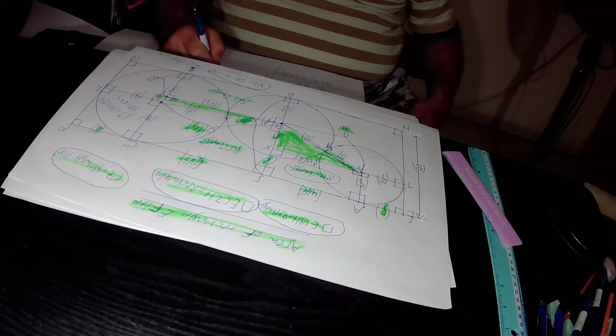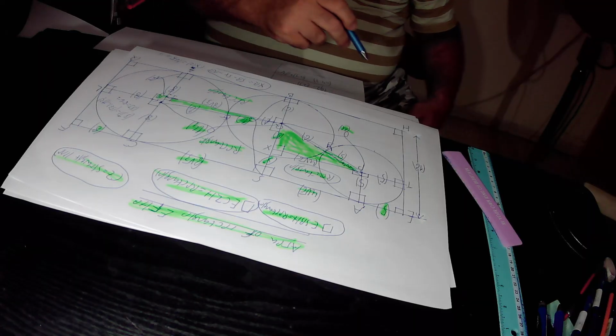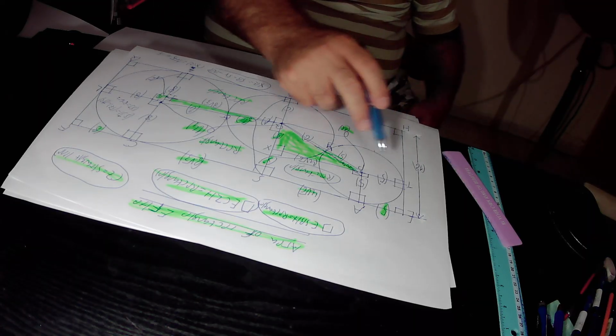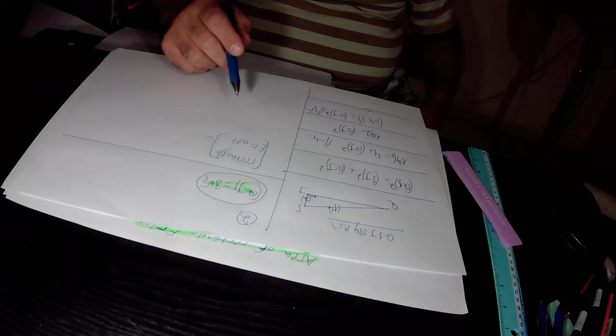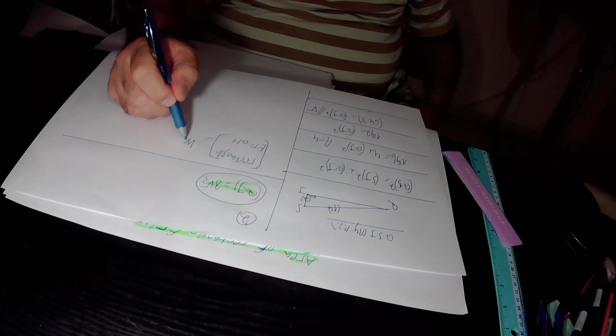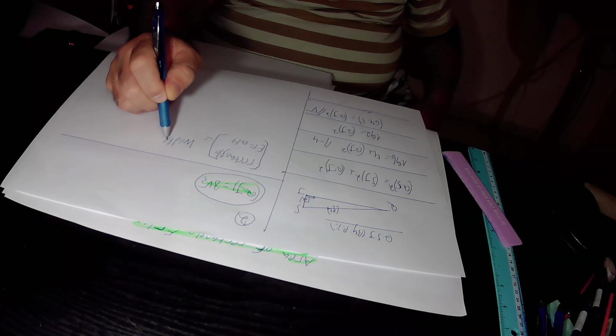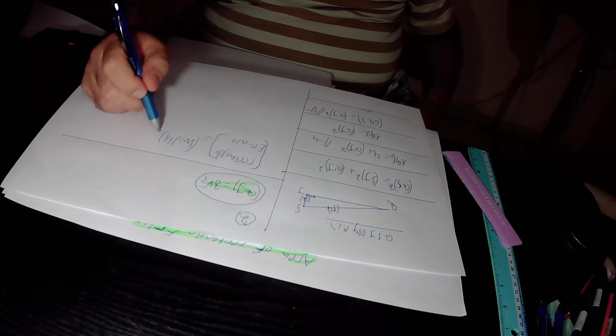So we should find out that the area of this big rectangle EFQH is equal to the width of the rectangle times the length.